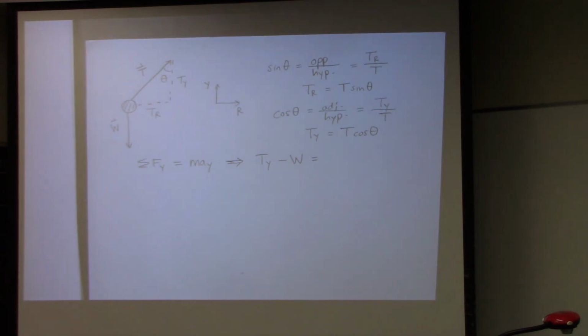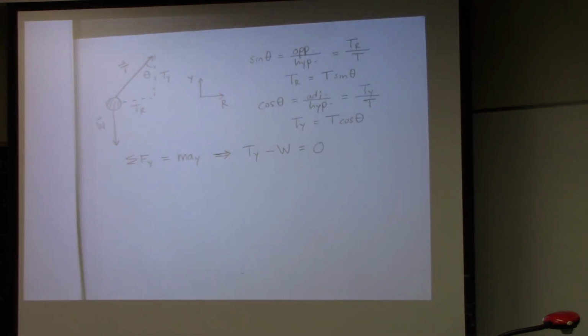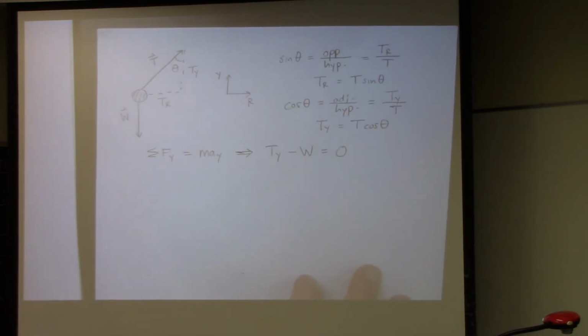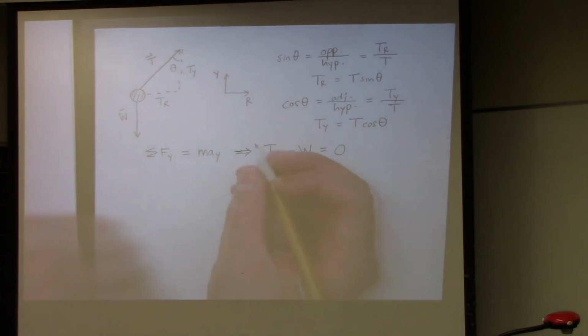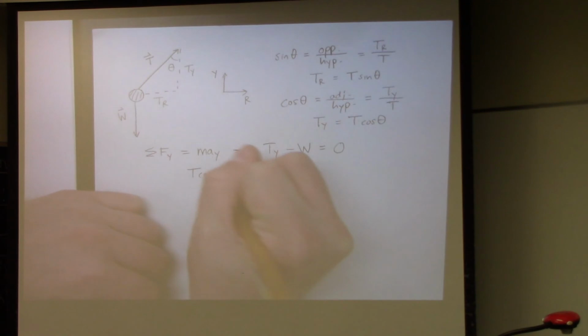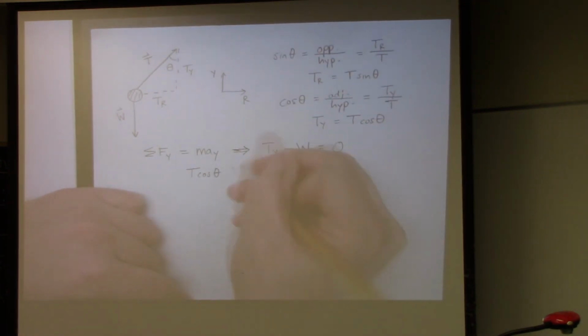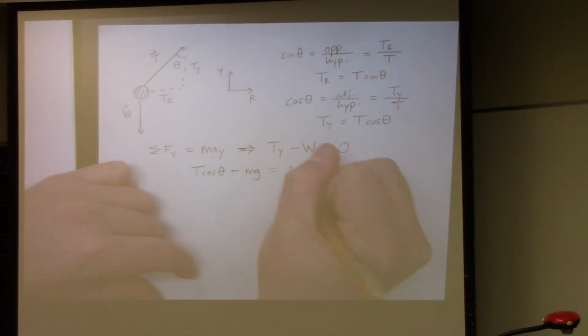Ty minus W equals 0, because there's no acceleration in the vertical direction. As the ball moves, it's not going up or down, it's just staying at a fixed height. So Ty is equal to T cosine theta, as we found earlier. W is equal to m times g, that's just the weight.